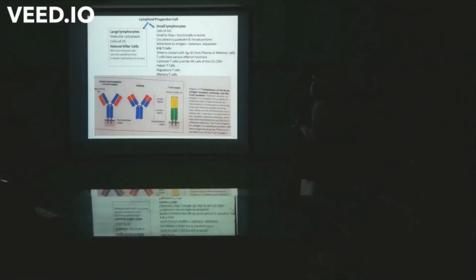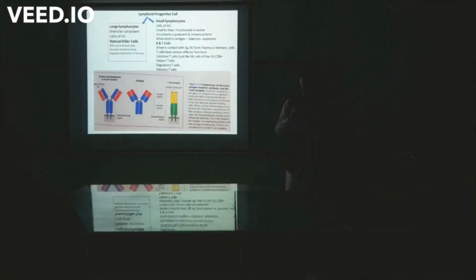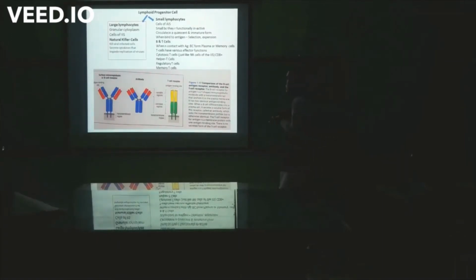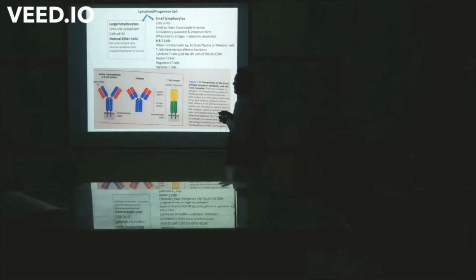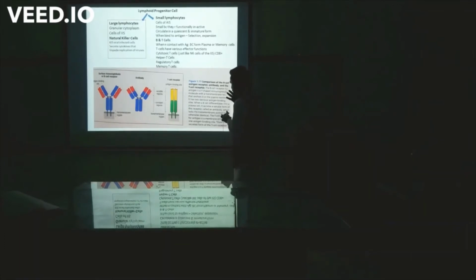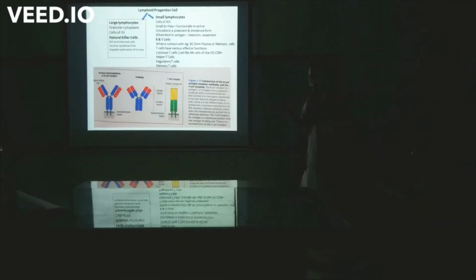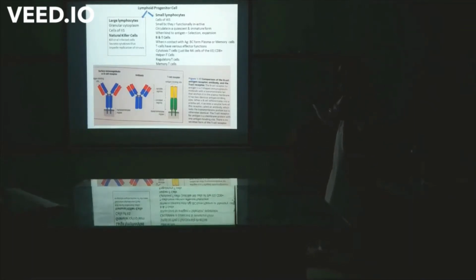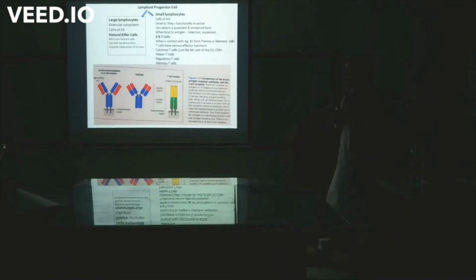And the plasma cells are going to secrete antibodies. Then there are regulatory T cells, there are memory T cells. We are not going into detail of these cells. Now, the B cells are equipped with a B cell receptor, and the T cells are equipped with a T cell receptor.